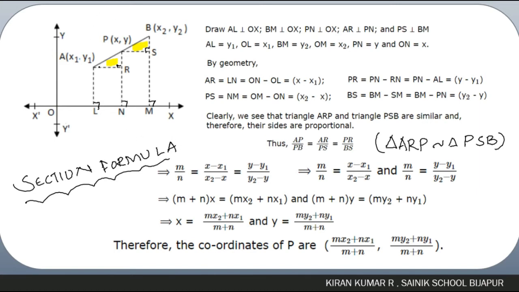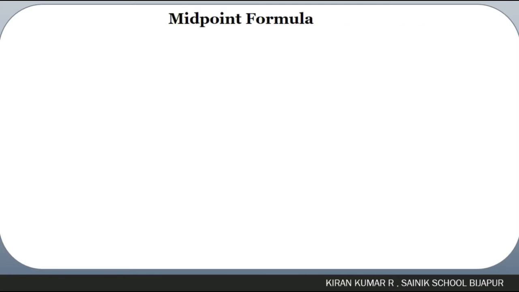Just look at the ratio m is to n. If m and n values are equal, then I can say that the point P becomes the midpoint. So it gives another beautiful formula called the midpoint formula.